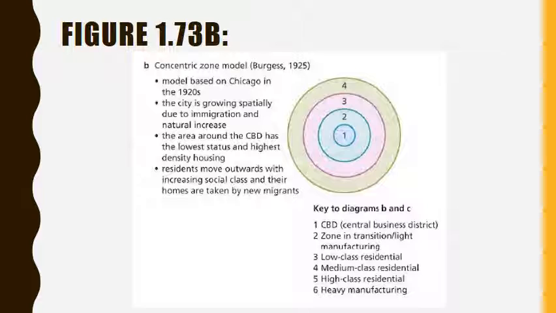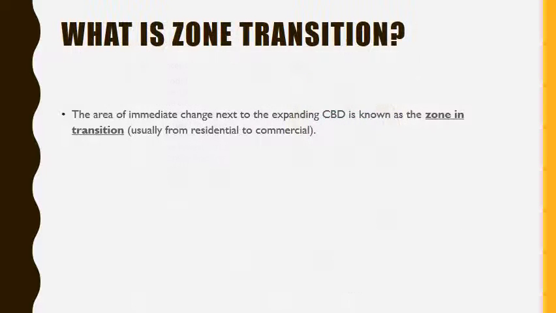Residents moved outward with increasing social class, and their homes are taken by new migrants. What is the zone in transition? The area of immediate change next to the expanding CBD is known as the zone in transition, usually from residential to commercial.